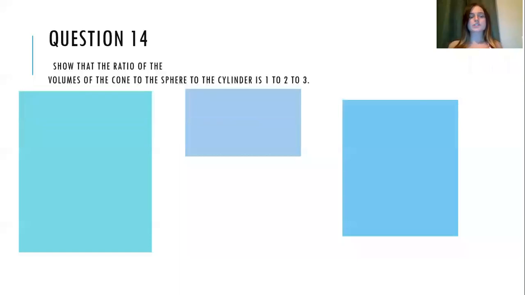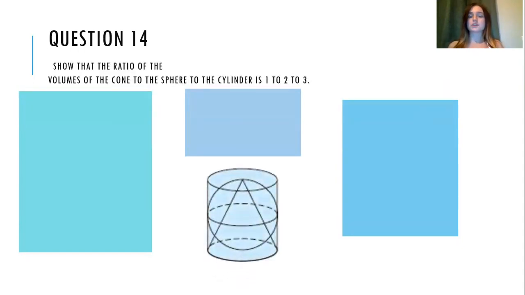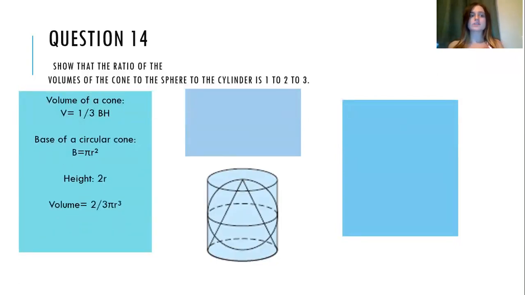So for question 14, we have to show that the ratio of the volumes of the cone to the sphere to the cylinder is 1 to 2 to 3. So first we have to know the formulas of the volumes for each of these shapes. So the volume of a cone is 1 over 3 base times height, and to find our base of a circular cone, we have to do pi times radius squared.